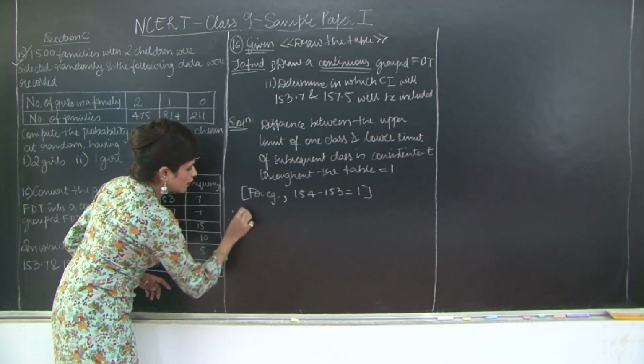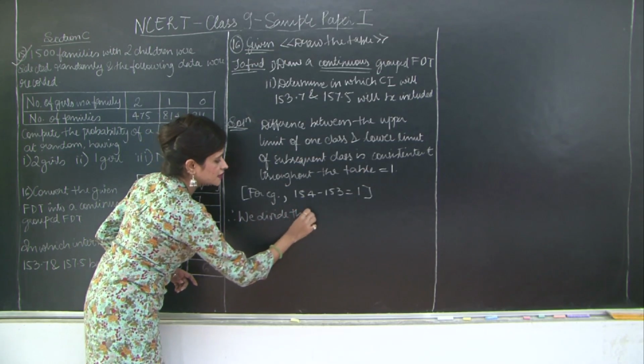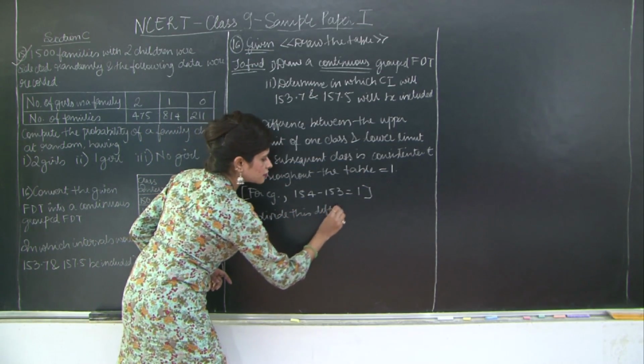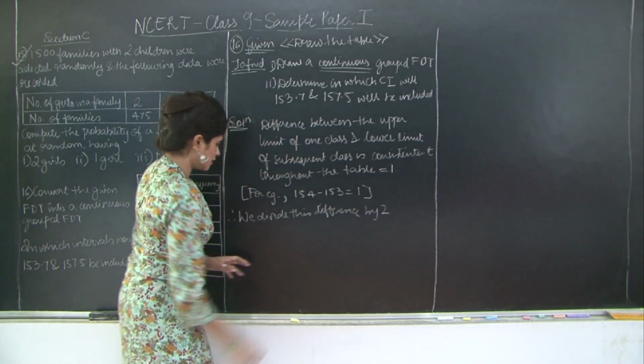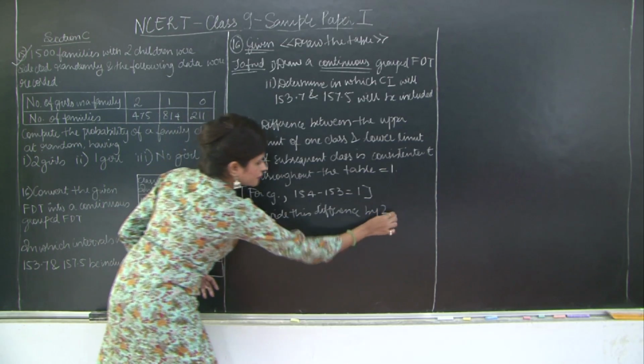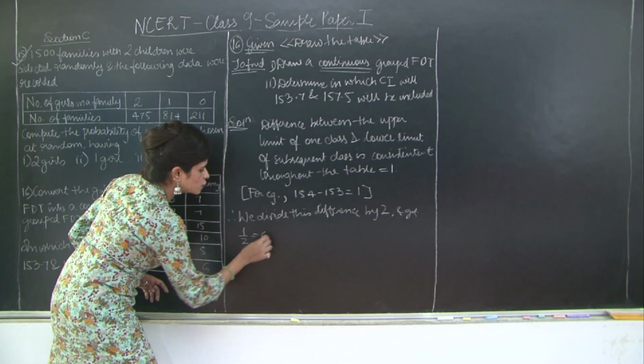Therefore, we divide this difference by 2 and get 1 upon 2, which is equal to 0.5.